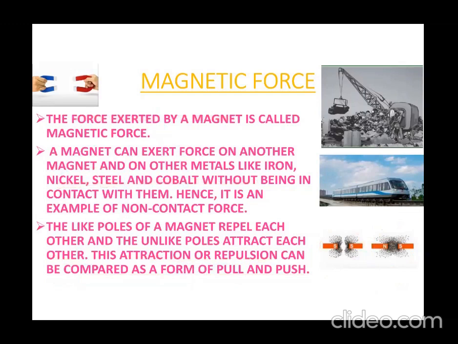Children, magnetic force is used to attract the iron scrap from the garbage, right? Here the iron pieces are being separated. Then you know the maglev train. This maglev train moves with the help of magnetic force.